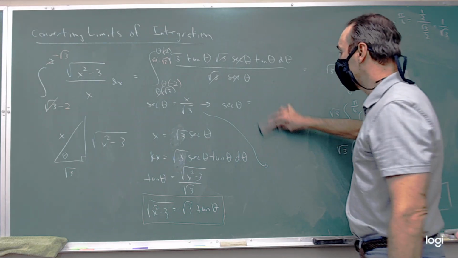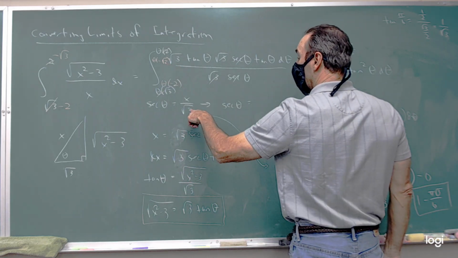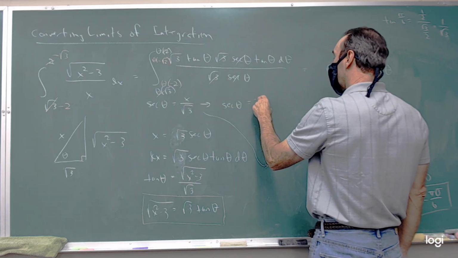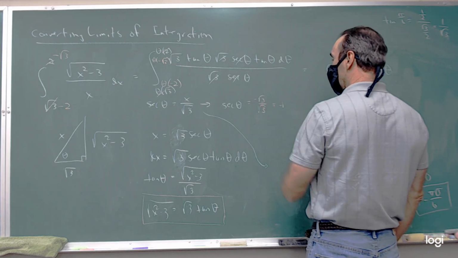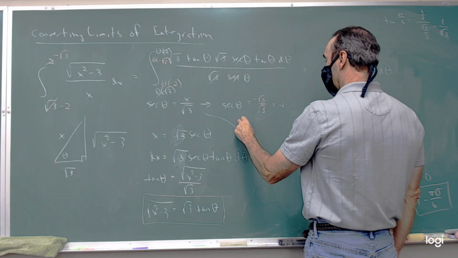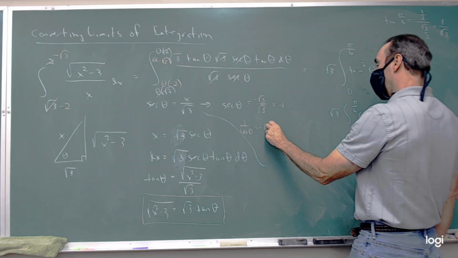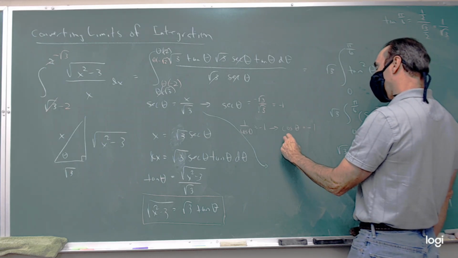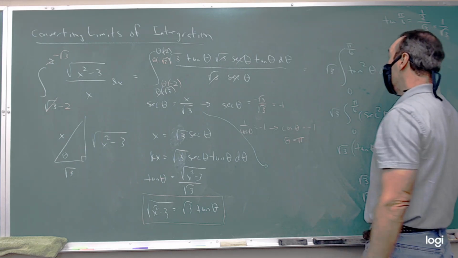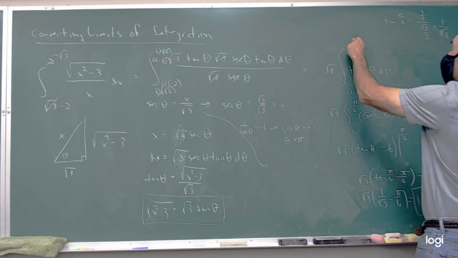Secant theta is going to be, if we plug in negative square root of 3 over square root of 3, that's -1. So if 1 over cosine theta is -1, then cosine theta is equal to -1. The theta is now going to be pi. So this has now switched to pi as our upper limit.